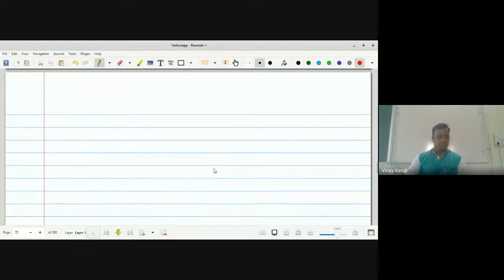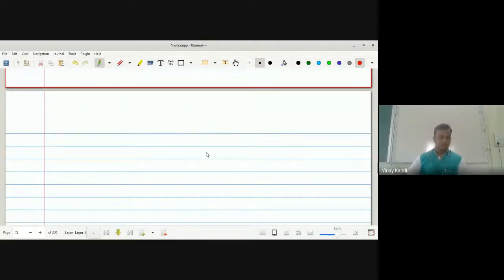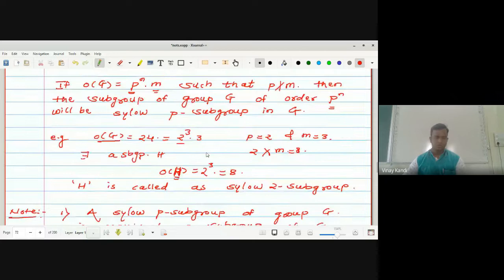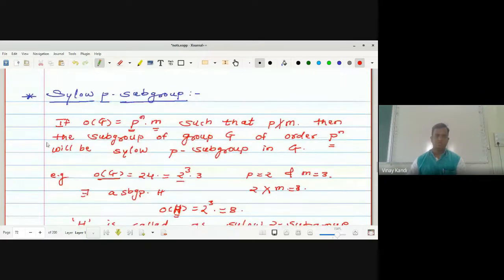Now the first Sylow theorem. Look at the definition of a Sylow P subgroup. What is the meaning of P does not divide m? 2 does not divide 3 in this example.